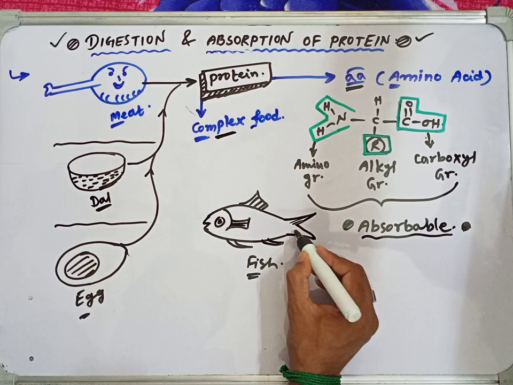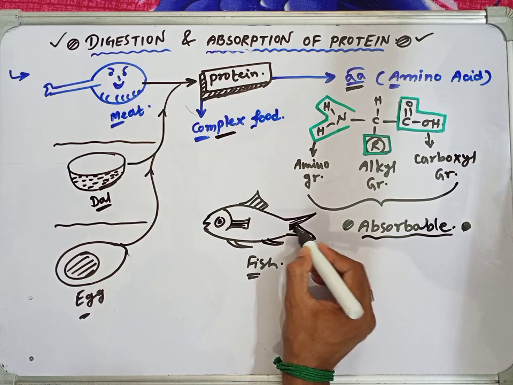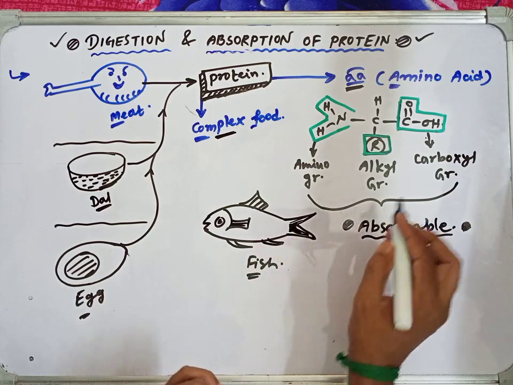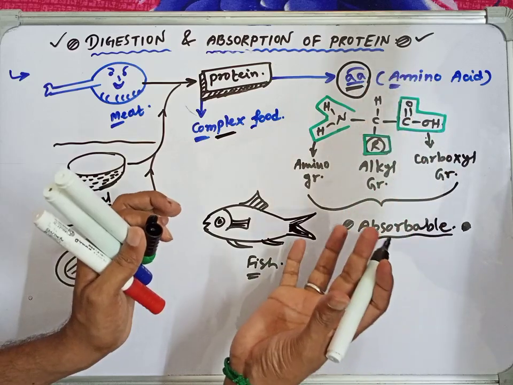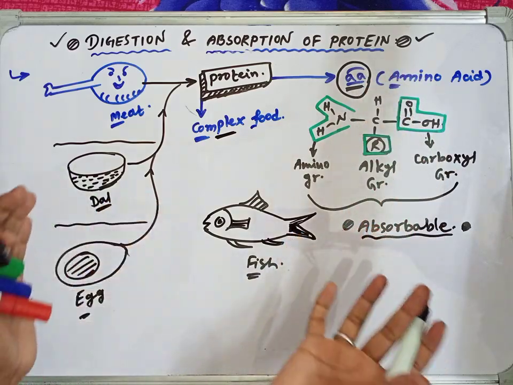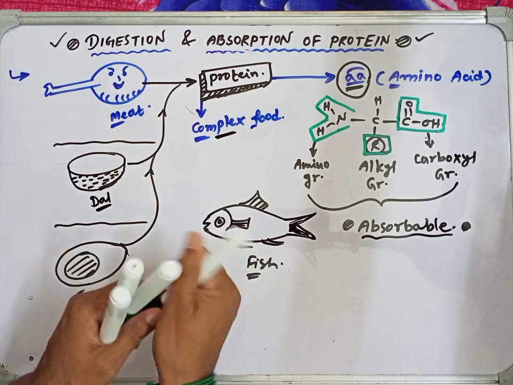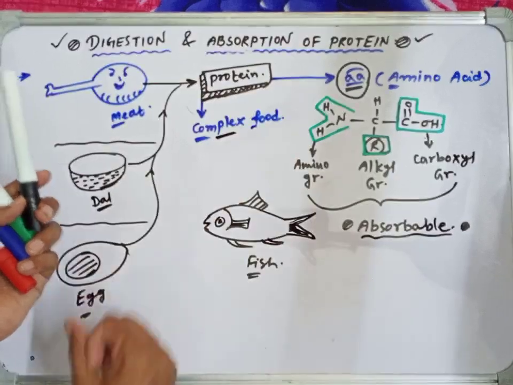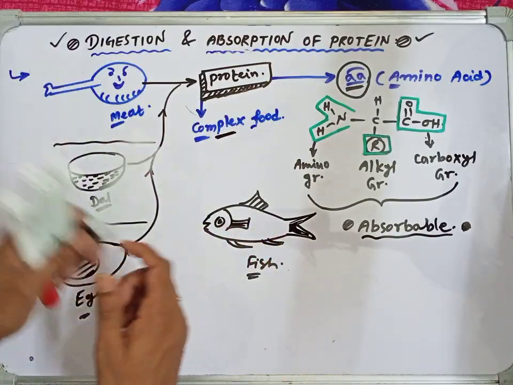And when we consume this protein, after processing, it is converted into amino acid by the action of protein digestive enzymes, which are inside our stomach, and not only the stomach, but also our intestine, in our GIT, gastrointestinal tract.